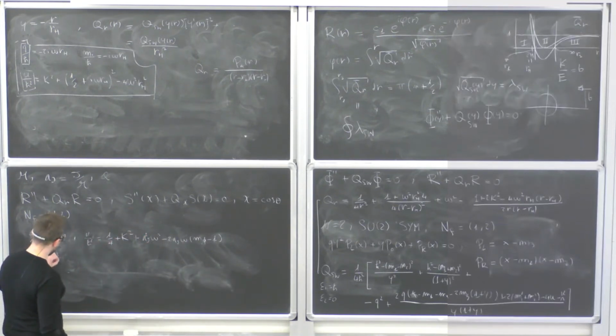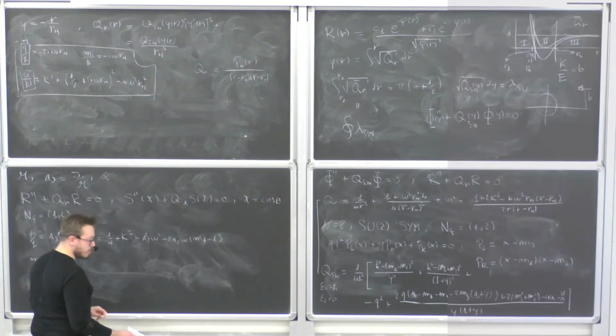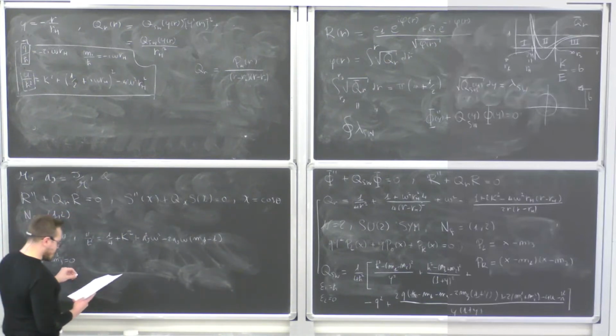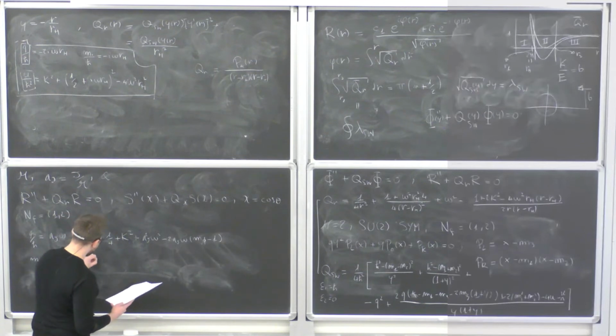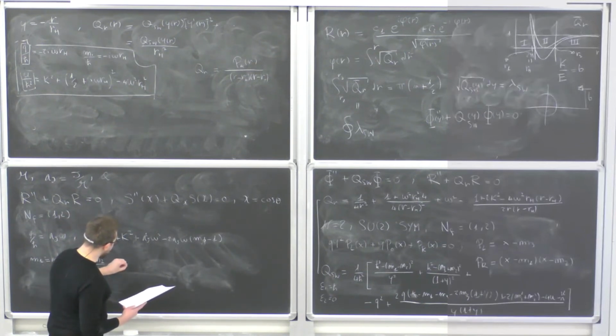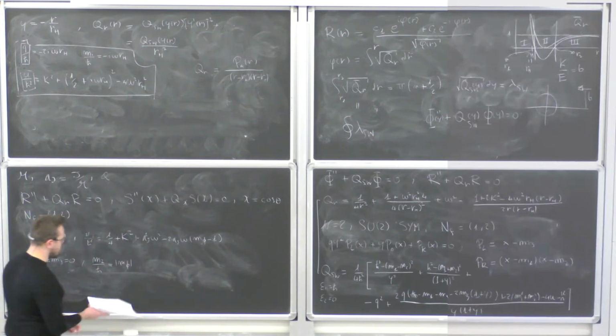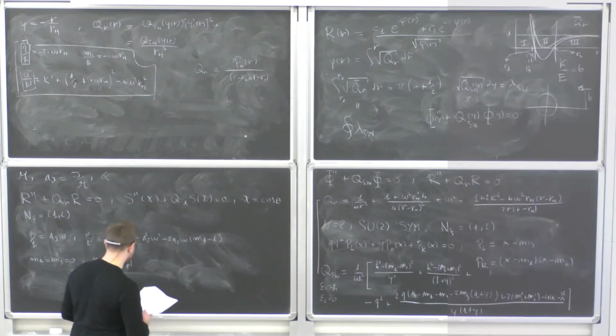Two of the masses will be 0, and then one of them will be related to the absolute value of the quantum number related to the projection of the angular momentum along the z-axis.